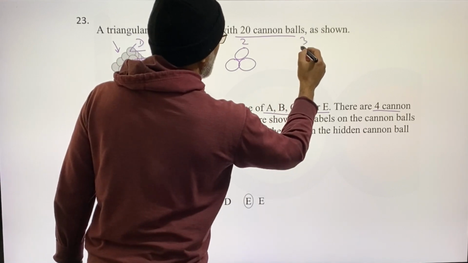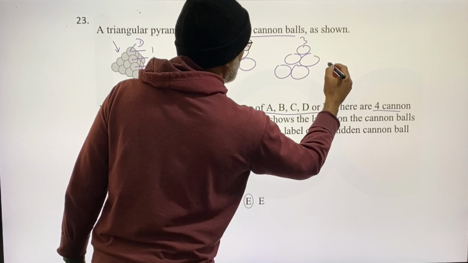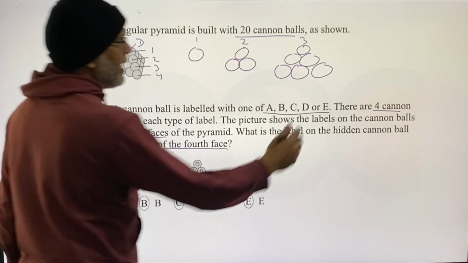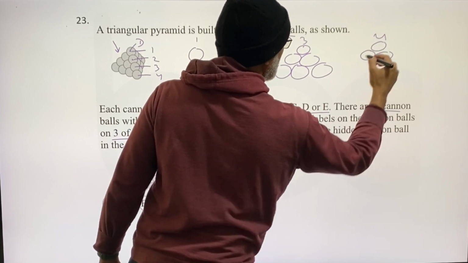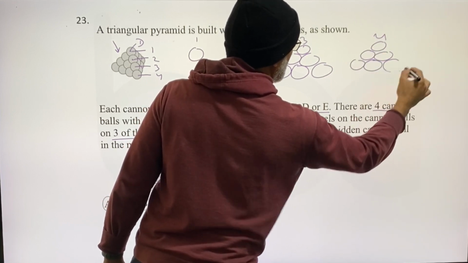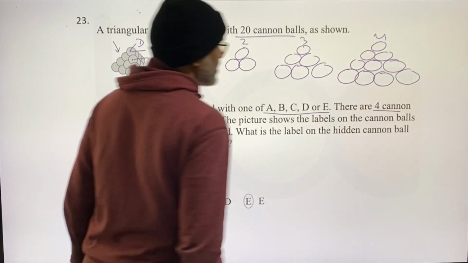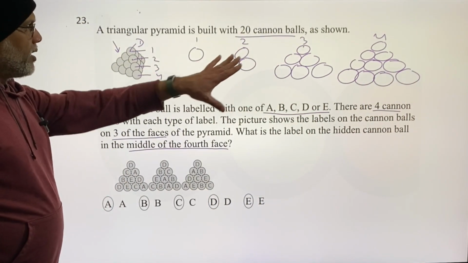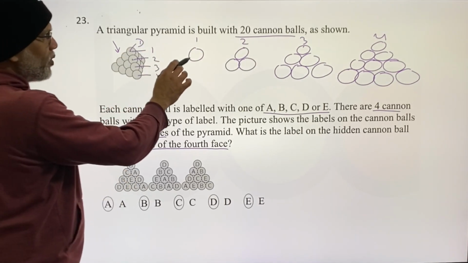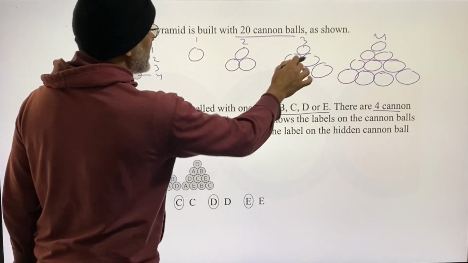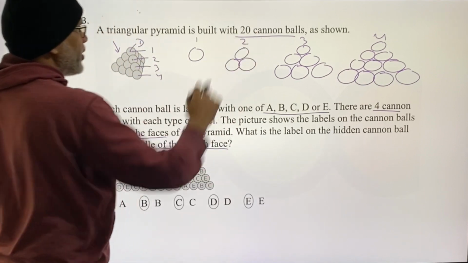Layer 3 will have like this. Layer 4 will be like this. All right. So these are the 4 layers, and we can count. There will be 20 balls. There is 1, 2, 3, 4, 5, 6, 7, 8, 9, 10, 11, 12, 13, 14, 15, 16, 17, 18, 19, 20. So we have 20 balls.